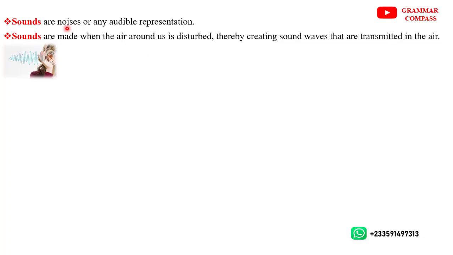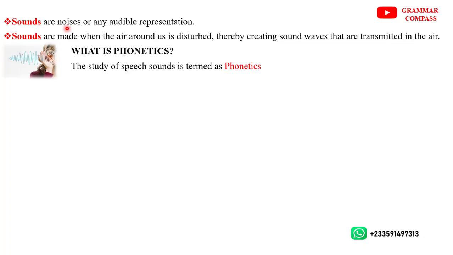Now that we know the meaning of sounds and how sounds are made, let us ask, what is phonetics? Phonetics is the study of speech sounds. We already know how sounds are produced, but how are speech sounds produced?